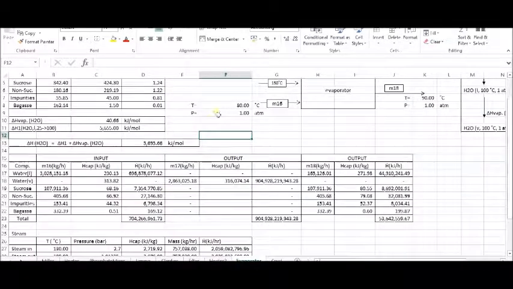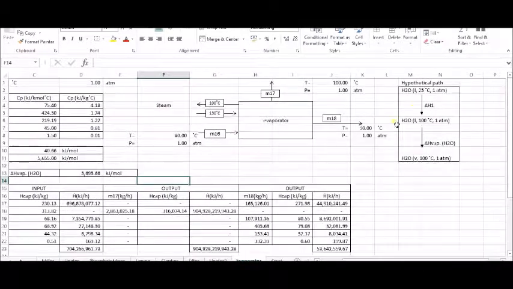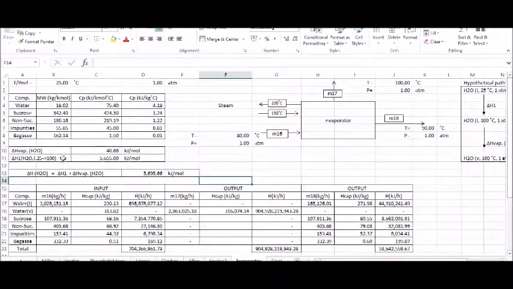For the evaporator, here we know that the water evaporates and comes out from stream 17. So we first do the hypothetical path, and then we calculate the delta H for vaporization. We add all of it, and this is what came out. And we just multiply, and we'll get the H dot.